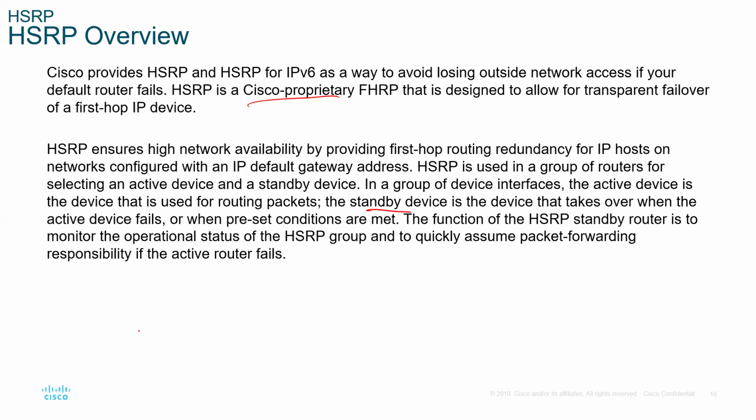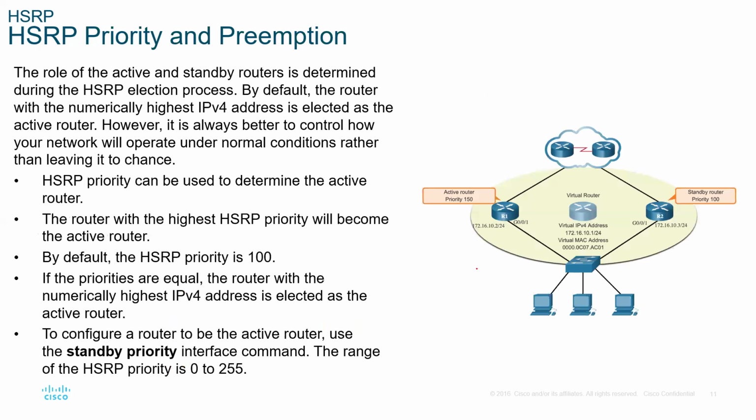We have a VIP and a VMAC, a virtual IP address and a virtual MAC address. The function of the HSRP standby router is to monitor the operational status of the group and to quickly assume packet forwarding responsibility if the active router fails. I think we've gone through this already. So for HSRP, everything we've said about the first hop redundancy protocols, just add Cisco proprietary at the end, and you have HSRP.